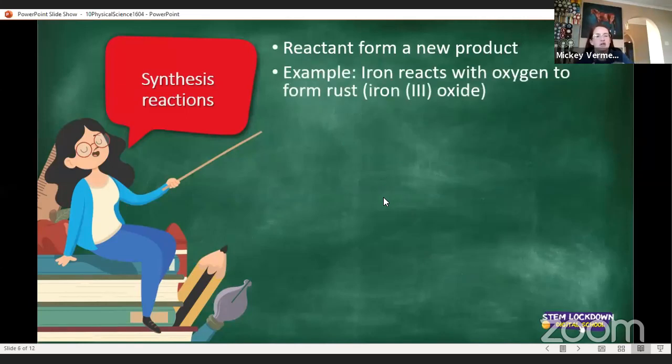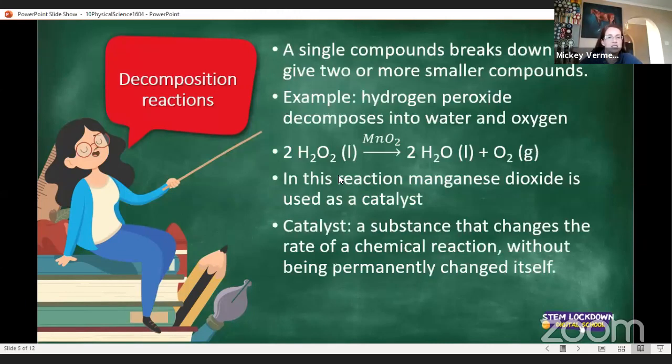Okay, so synthesis. And this is one that you guys see a lot. So I have iron and it reacts with oxygen and it forms rust. Arthur wants the definition of a catalyst. Yeah, okay.